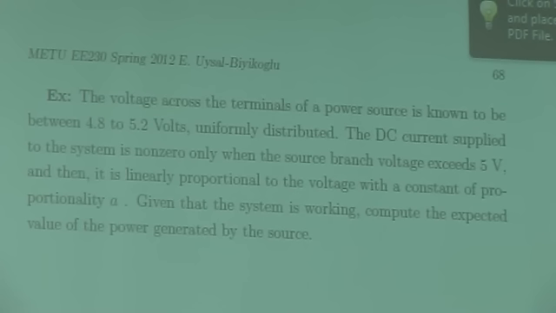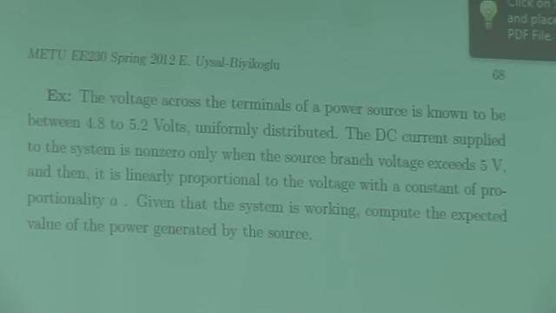The DC current supplied to the system from the source is non-zero only when the source voltage exceeds 5 volts. So the system doesn't work when the voltage is below 5, suppose. And then once it works, the current is linearly proportional to the voltage, with a constant of proportionality A. Given that the system is working, compute the expected value of the power generated by the source.